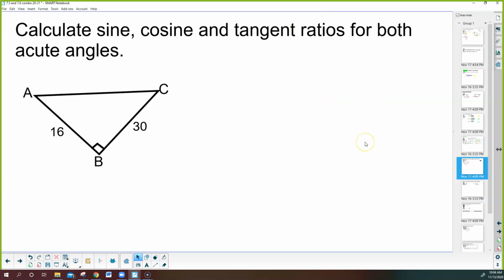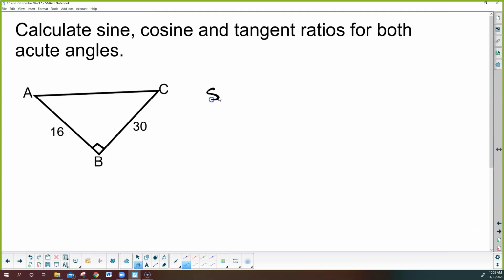Actually, you know what? Sorry, I forgot about this problem. I'm going to skip this problem. I don't want you to write it down because it's the same thing we just did, but notice we have one tiny problem. If I want to calculate the sine, cosine, and tangent ratios for both acute angles, I have to do angle A, sine, cosine, and tangent.